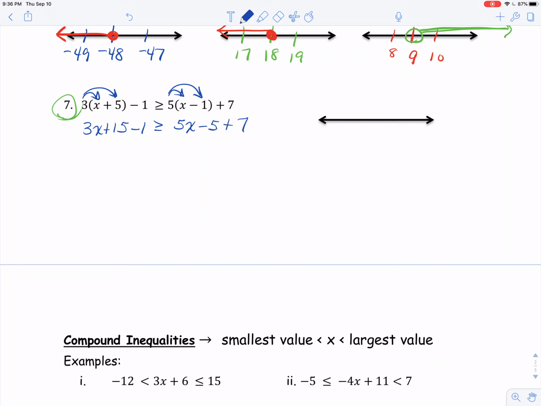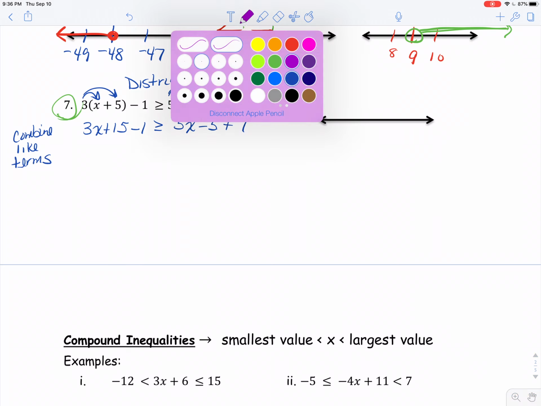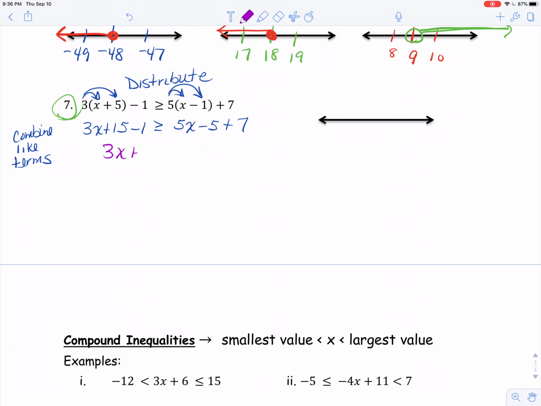All right, so we started with distributive property. And now we're going to combine like terms that are on the same side. Just the ones on the same side. So that's going to be 3x plus 14 and 5x plus 2.